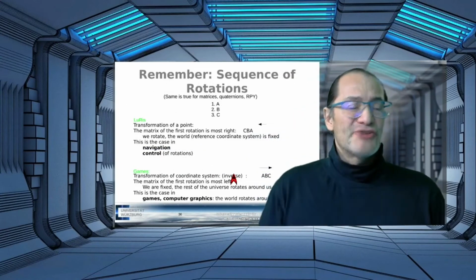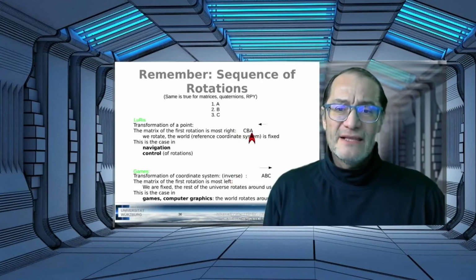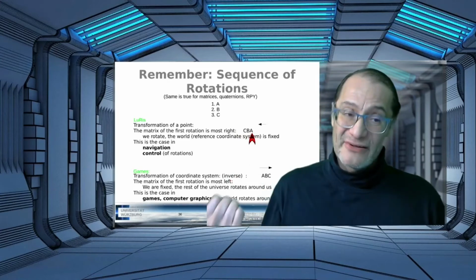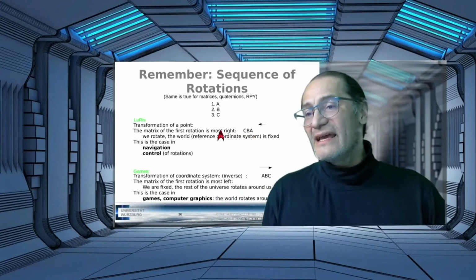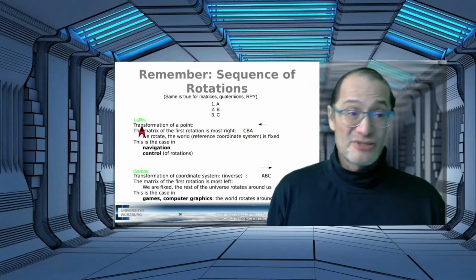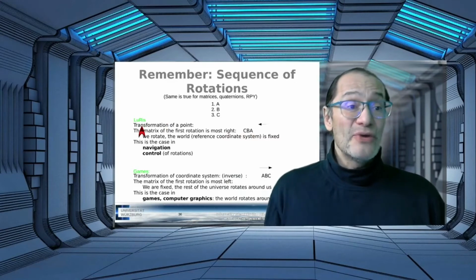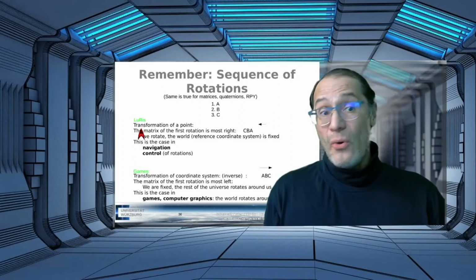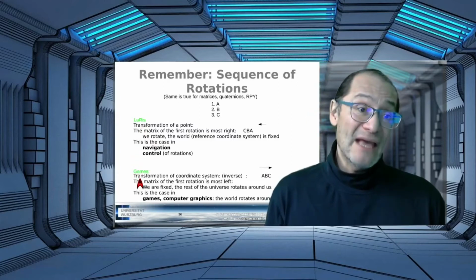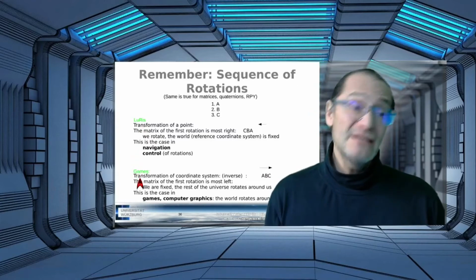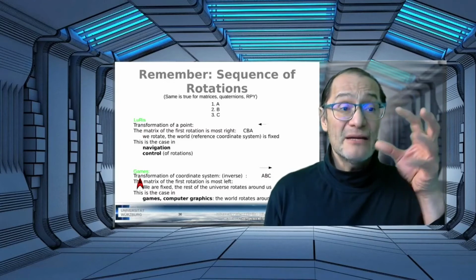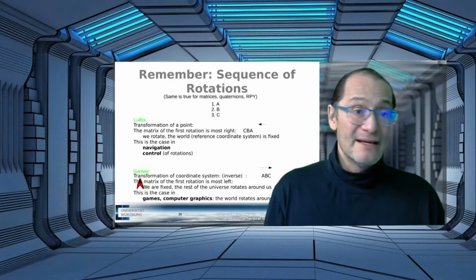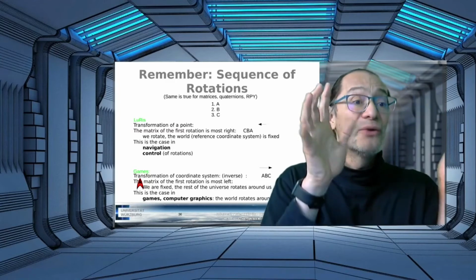There is something I shall say. I am always saying, okay, the first rotation is right and the last rotation is left. This is in the case of what we are doing with aerospace control, because we are moving and the rest of the universe is our reference. Others do something different, for example, games and computer graphics. For example, when they are moving the camera, from the point of view of the observer, they are in the same position and the world is rotating.